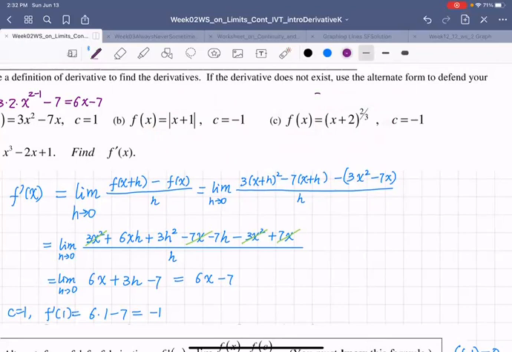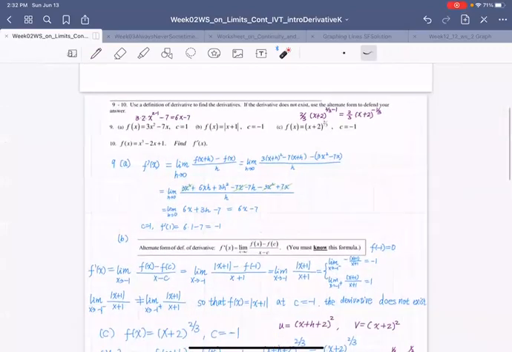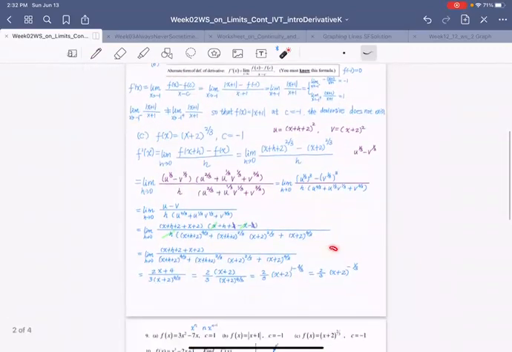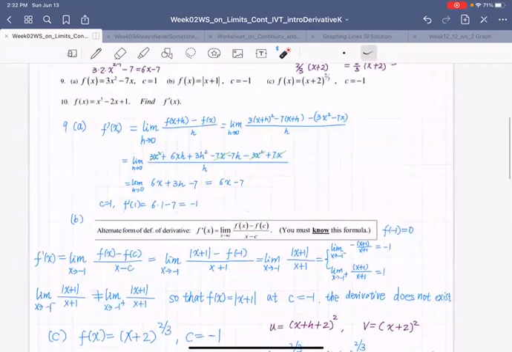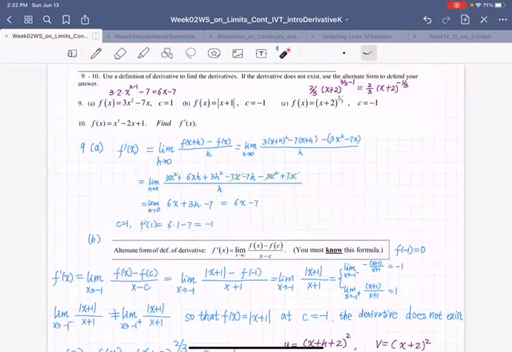Look, 2 over 3, copy down, put in front, (x plus 2) to the power of 2 over 3 minus 1. 2 over 3 minus 1 is negative 1 over 3. That's it. Is this really true? Look. Are they the same? Yes, they are the same.